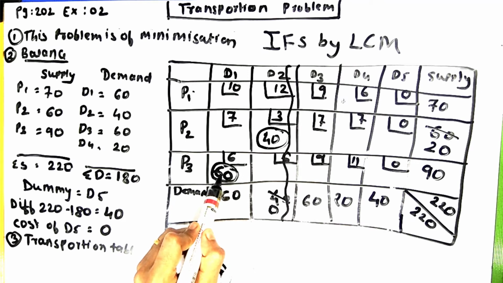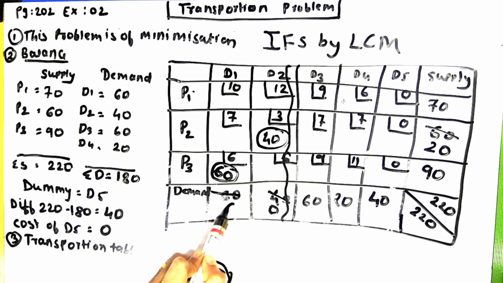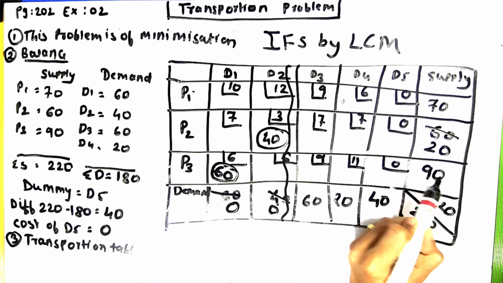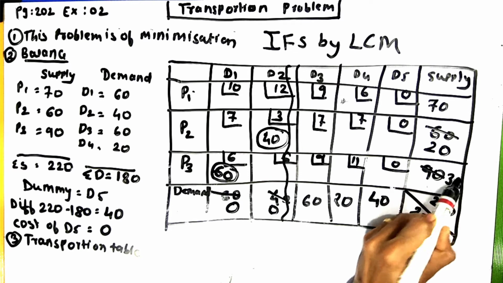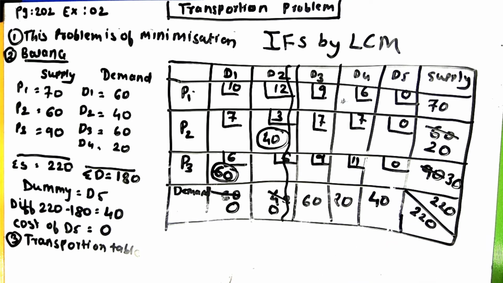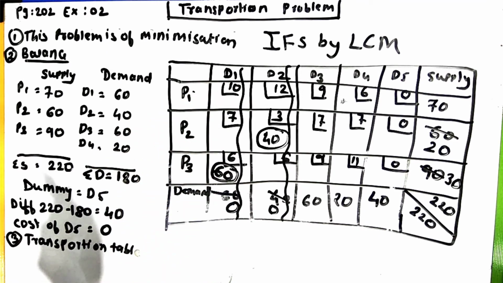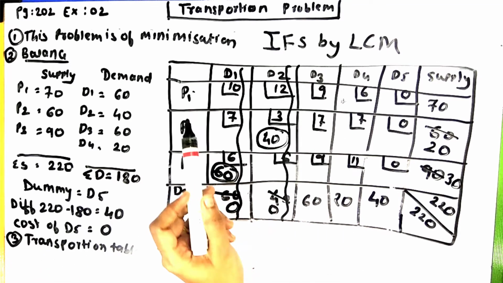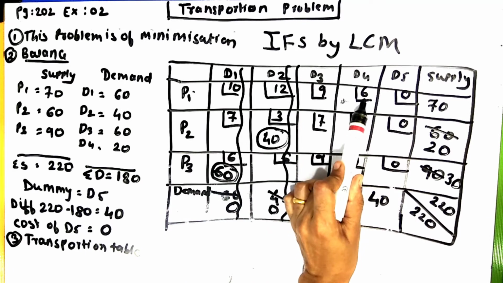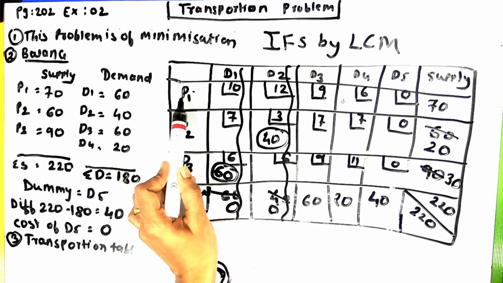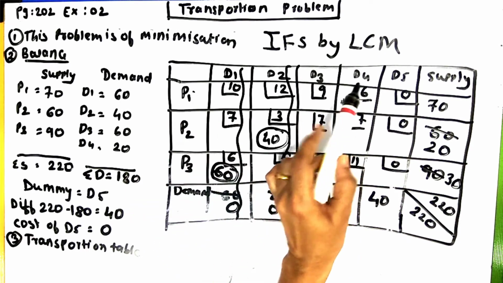So with allocation 60 given, 60 minus 60 is 0 and 90 minus 60 comes to 30. Now D1 has become 0, so D1 will get cancelled. After this, again we have to see the least cost. The next least cost is 6, in the cell P1 D4.